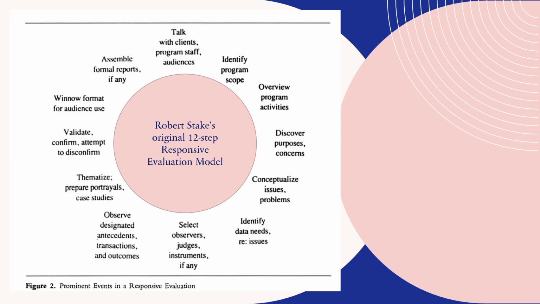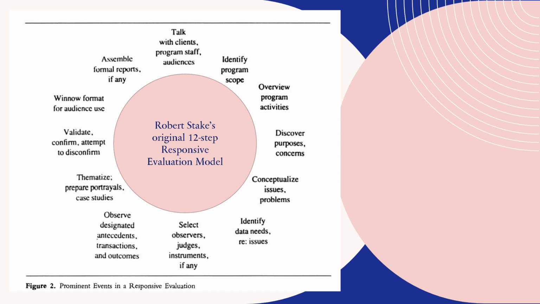Identify data needs. So what are the data needed in order to evaluate that issue or the activities of the program? And then next, select observers, judges, instruments, if any. You can select observers, judges, or instruments that you will use if that is applicable in your data collection.